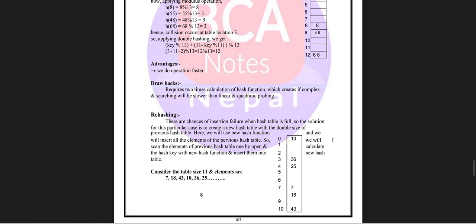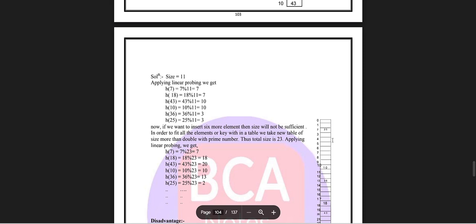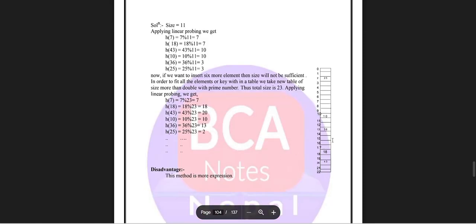Consider table size 11 and the elements 7, 18, 43, 10, 36, 25: 7 % 11, 18 % 11, 43 % 11, 10 % 11, 36 % 11, 25 % 11. Disadvantage: this method is more expensive.